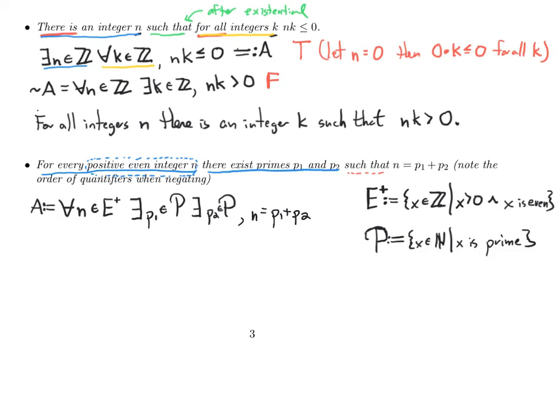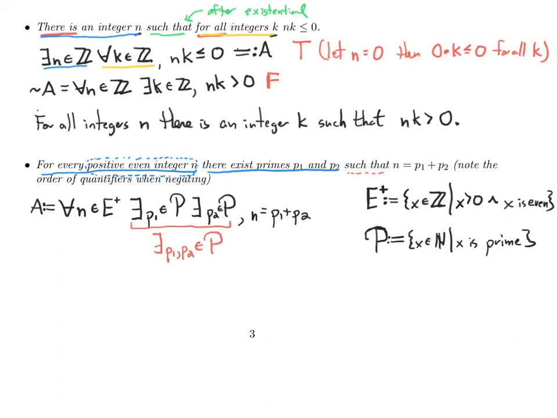Now, some other people, especially when you read mathematics a little more, will combine these, since it's the same quantifier, just saying there are two primes part of this set. So you might see some other people write, there exists a p1 and a p2 that are primes.